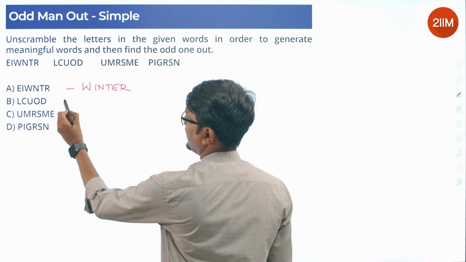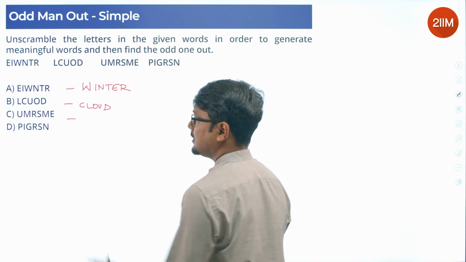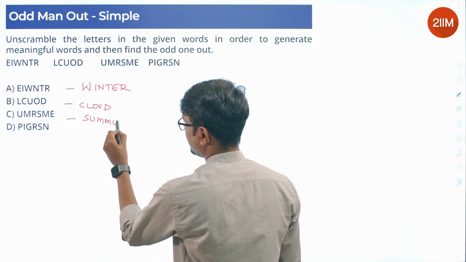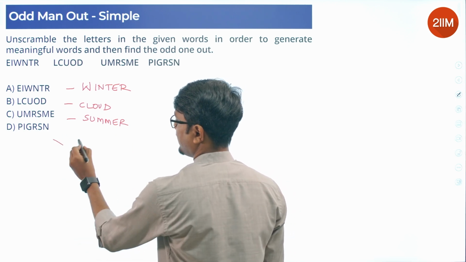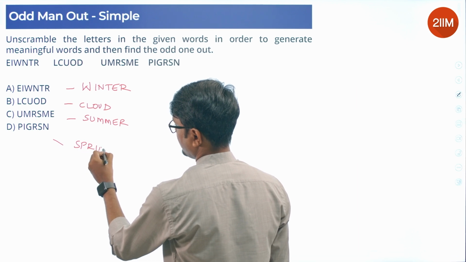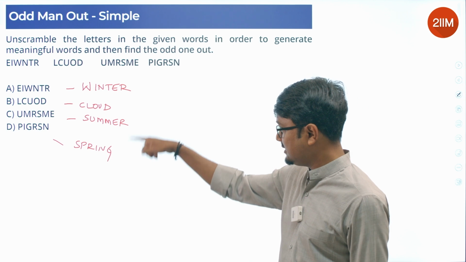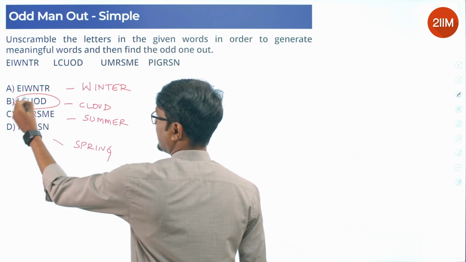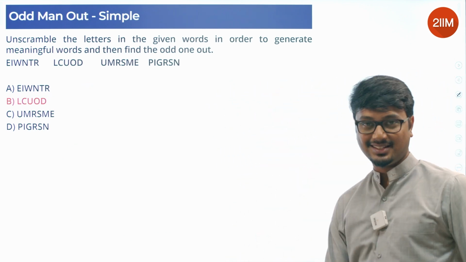Yes. And I can say cloud. Okay. Summer. And this fellow is spring. Okay, spring. We have the seasons, but this fellow is not a season. Cloud should be the odd one out. LCUOD should be the answer. Option B. Yep, that's the right answer.